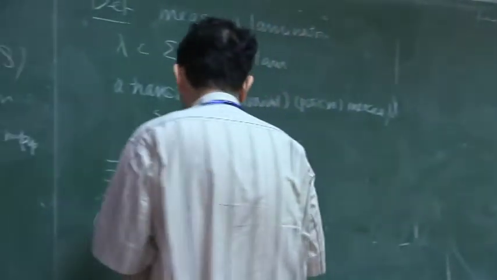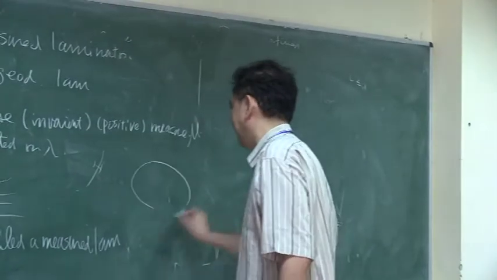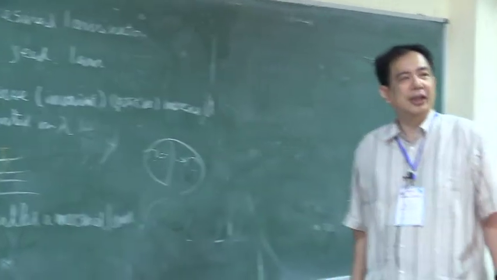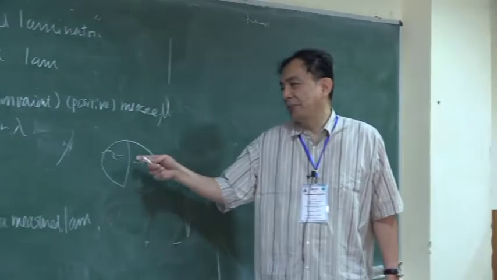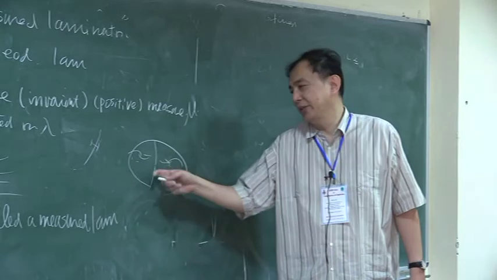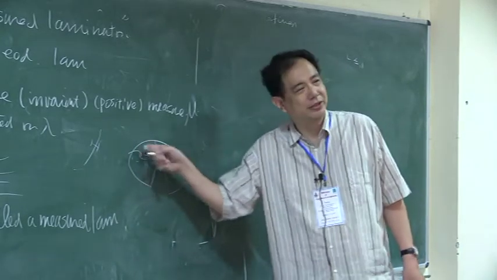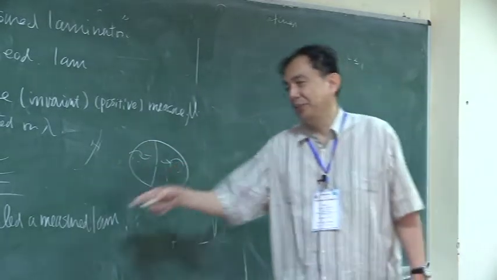For instance, if you have a disjoint union of closed geodesics like that, then you can put a Dirac measure. Just count the number of intersection points, and you get a measure.